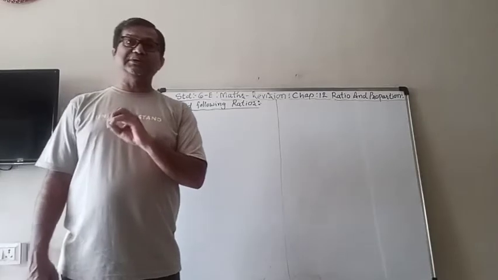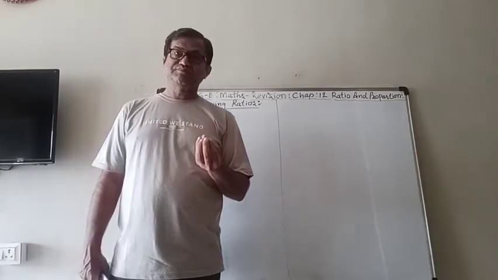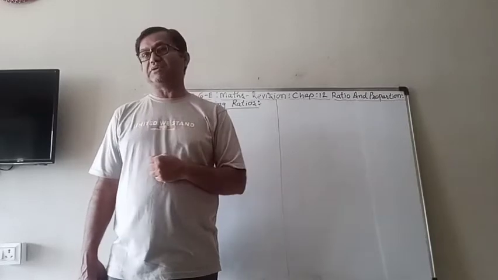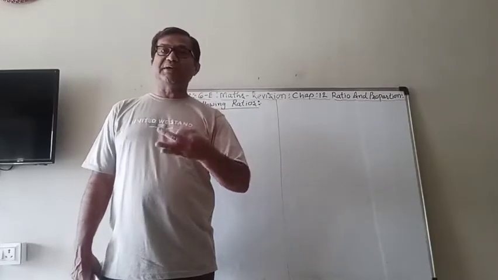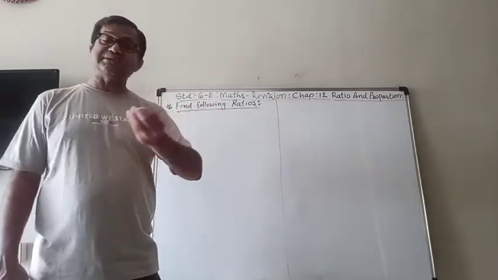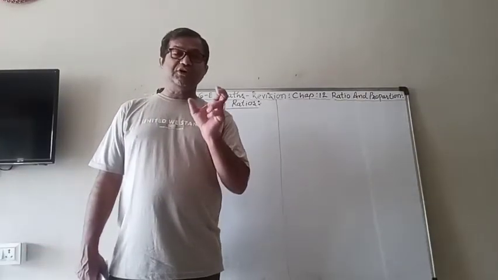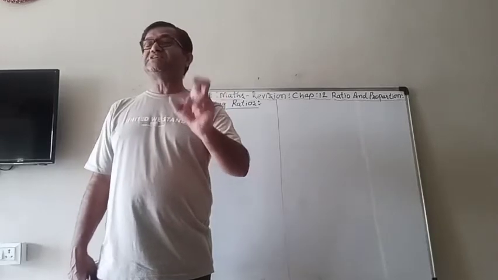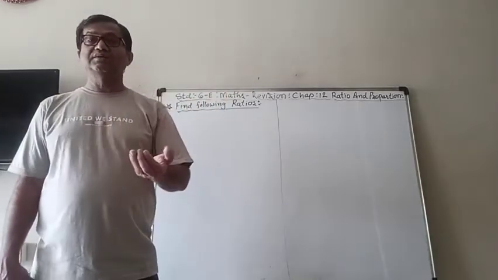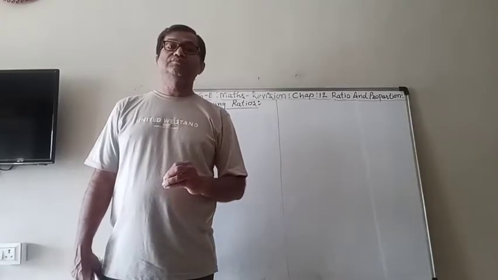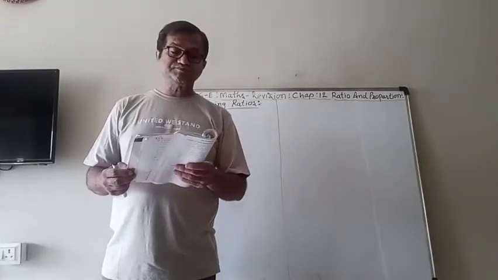Then we know that 1 meter is 100 centimeter, and by multiplying by 100 we can convert it into centimeter. Similarly, rupees and paise, kilometer and meter, liters and milliliters, etc. First we have to make the units equal, and then we must find the ratio that is required.